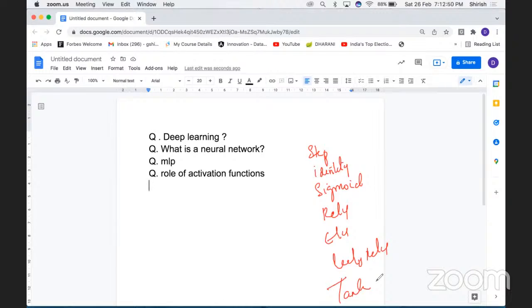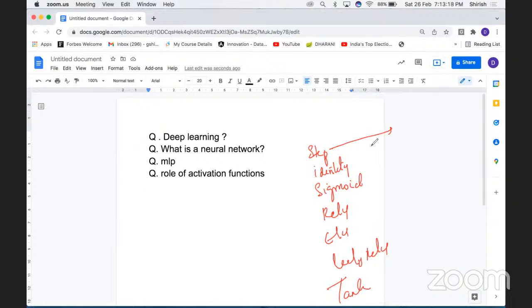These are examples of activation functions. They decide whether the neuron should spill out the result or not. It is decided by this. So an activation function will help us to get the result, to fire out the results.